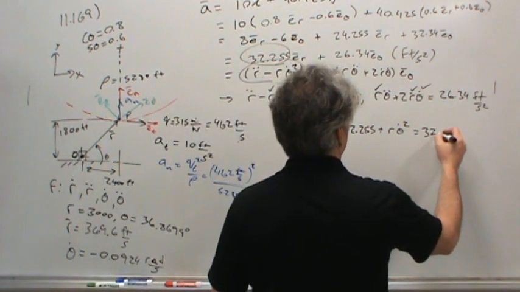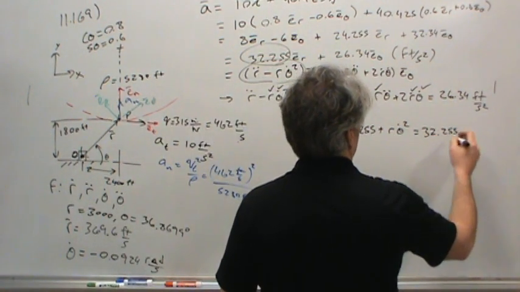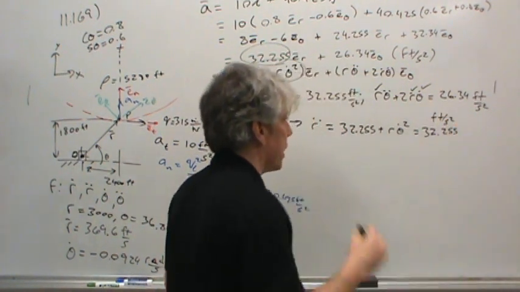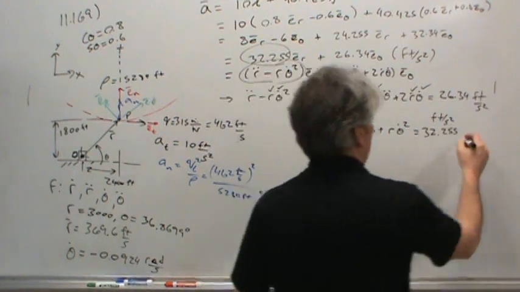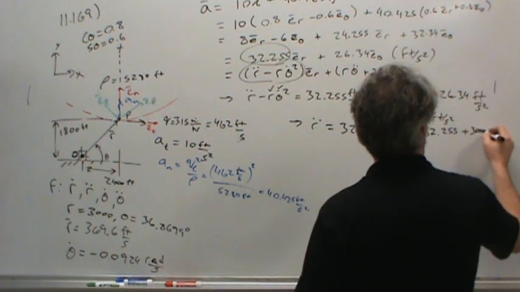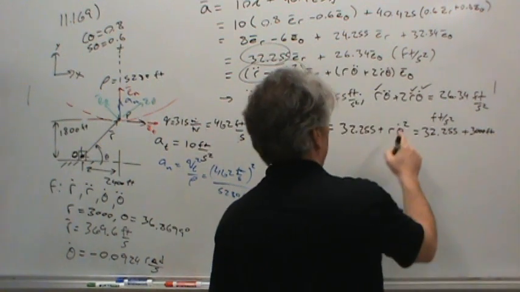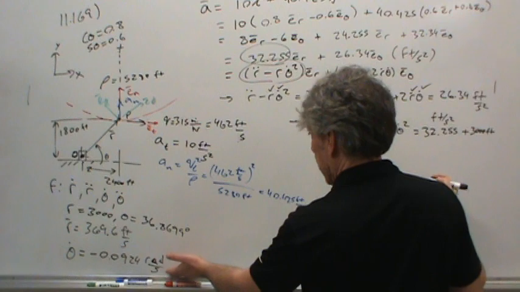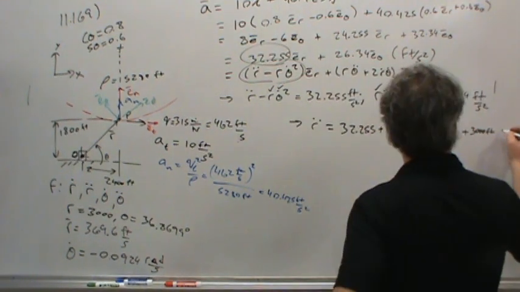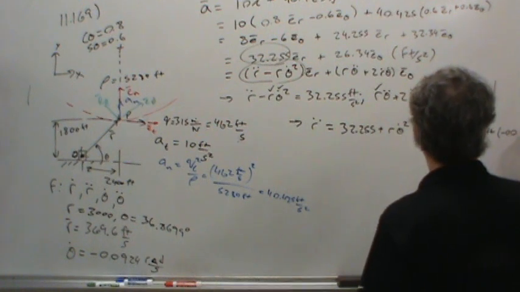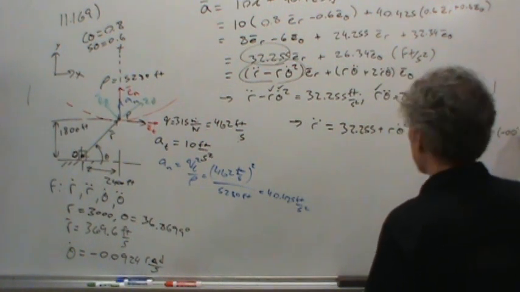Notice I'm dropping my units. I know that these are feet per second squared, I'll make a note of it, but I think everything will come out all right. Because r I know is 3,000 feet. And theta dot squared will give me radians per second squared, which is an angular acceleration of sorts. So negative 0. I'm sorry I'm off the video, I'm just writing down theta dot and then I'm going to square it.